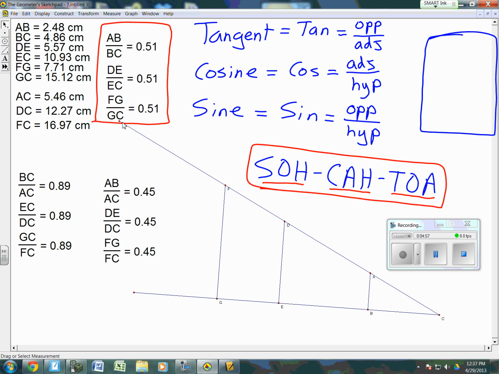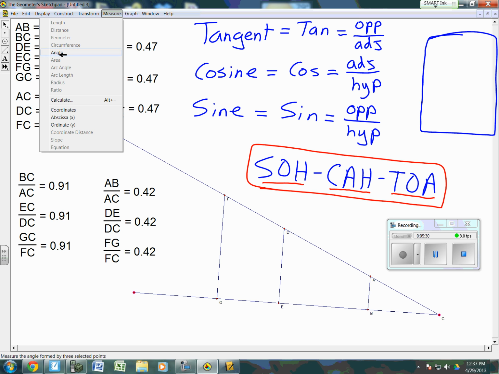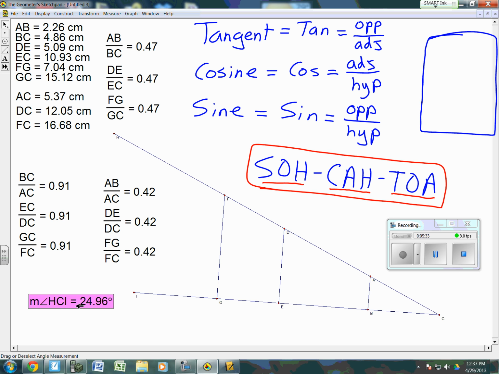I choose that point, that point, and that point, and I come to measure. I can measure my angle. So here's my angle measurement. Right now I have 24.96 degrees.